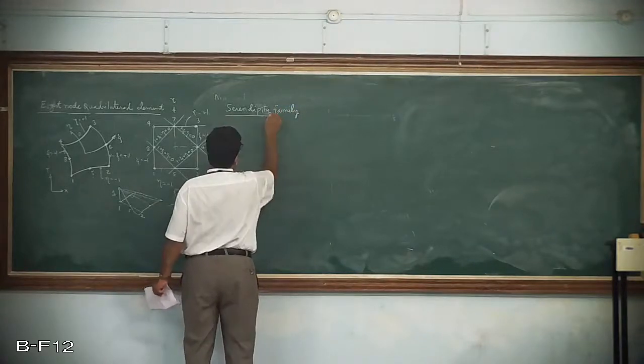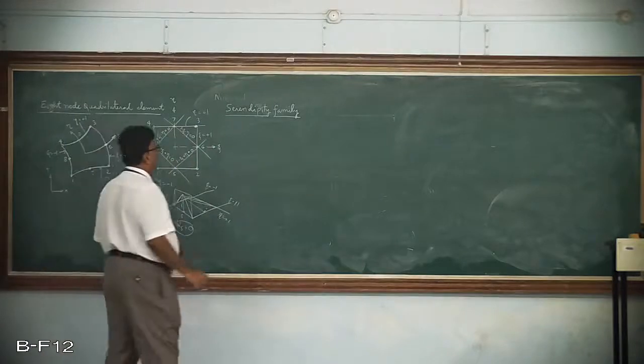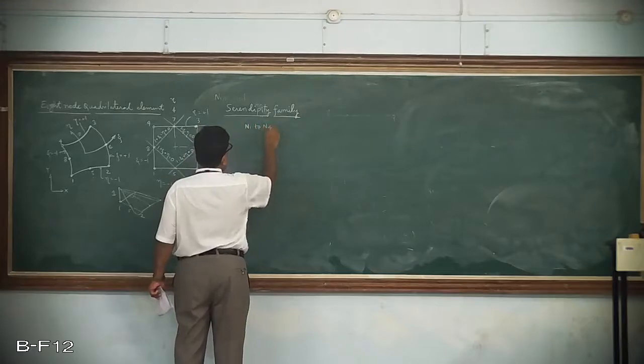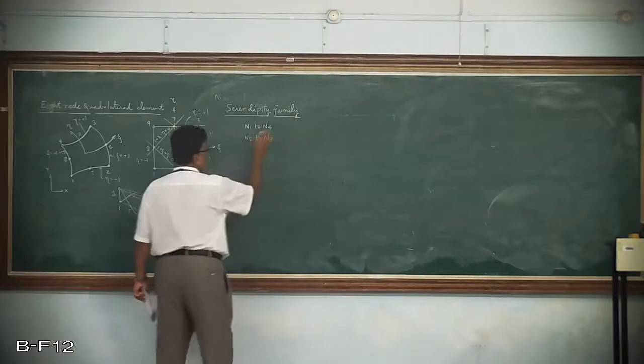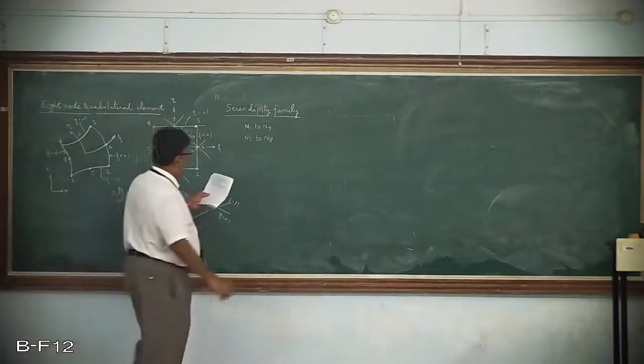This is the special element which belongs to the serendipity family. Now let us first develop only n1 to n4, then afterwards we'll develop the shape function for n5 to n8. Now what are the properties of n1?